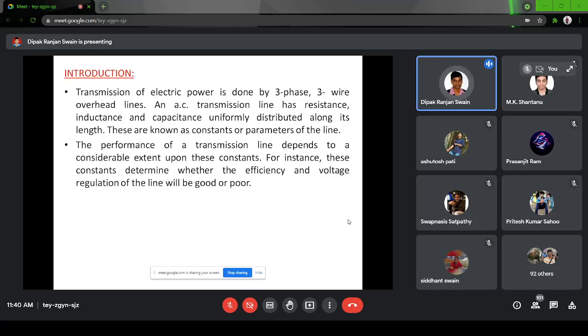Now, the performance of the transmission line depends to a considerable extent on these constants, obviously. Depending on the resistance, the loss in the transmission line will be calculated. And depending on all these parameters, RLC, we can say it is a simple RLC circuit. Depending on the impedance of this RLC, the voltage drop in the transmission line will also be calculated.